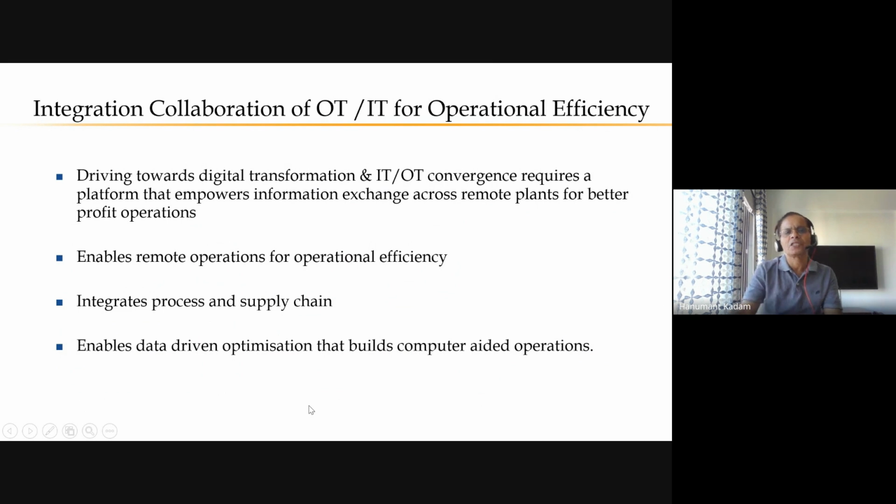This is driving towards digital transformation and IT-OT convergence. Convergence requires a platform that empowers information exchange across remote plants for better profit operations. So there are benefits of sharing the data from the control system with other stakeholders and remote plants.